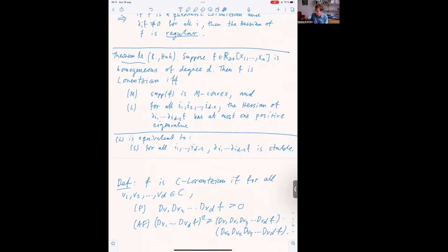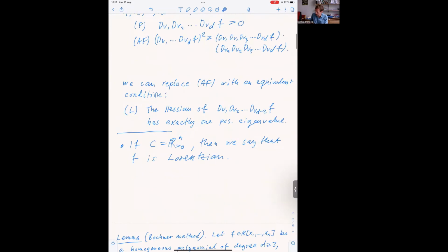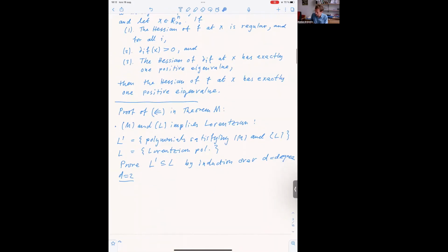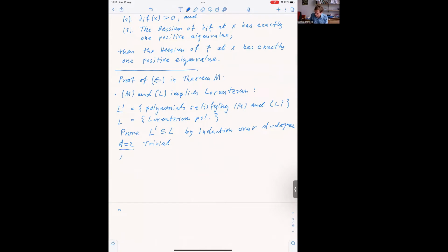And here we don't have to consider it. We only have to consider the empty sequence here. So only that f has at most one positive eigenvalue. So for d equals 2, this is trivial, or trivial by definition. So then we assume d is greater or equal to 3.